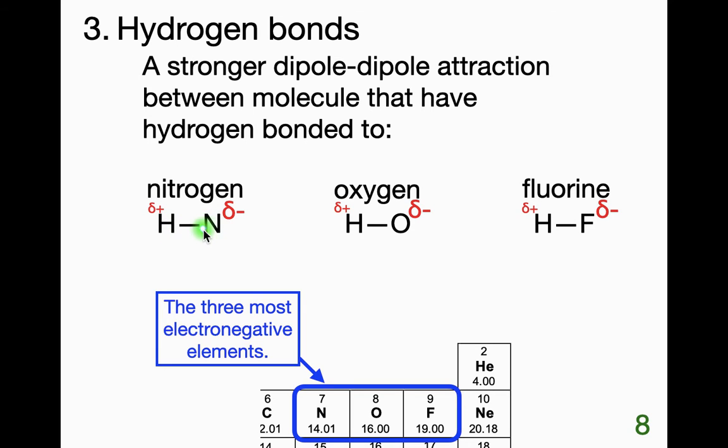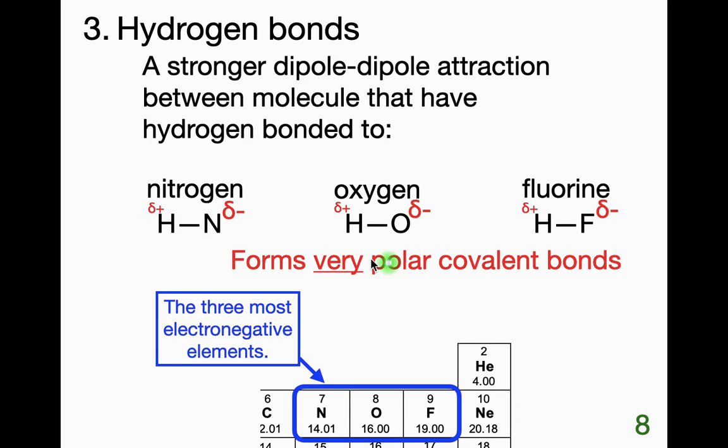It's a very, very polar bond. So therefore, hydrogen, when it forms an attractive force with another molecule, is particularly positive. It's still a dipole-dipole force of attraction, but it's given a special name, hydrogen bonds, because it occurs when hydrogen is bonded to one of these three elements.